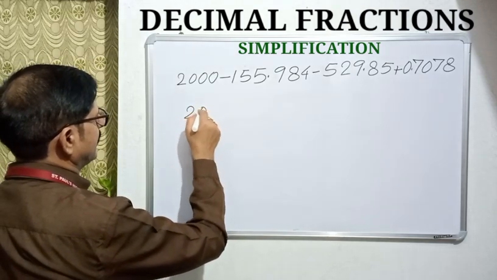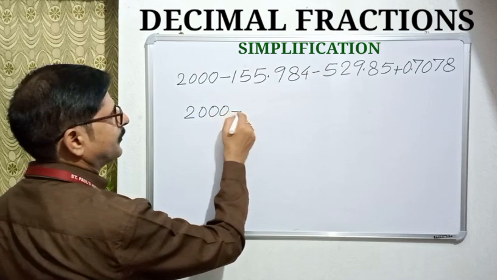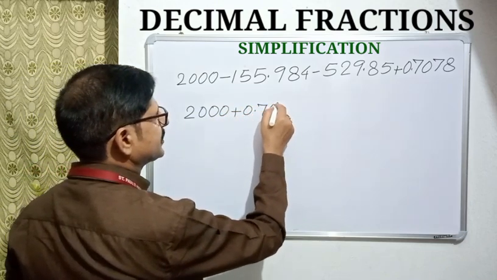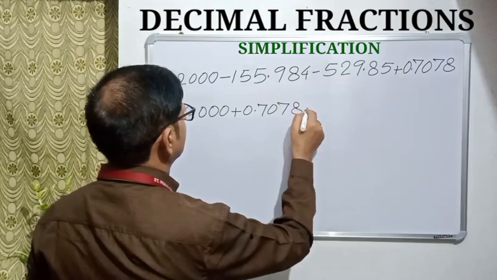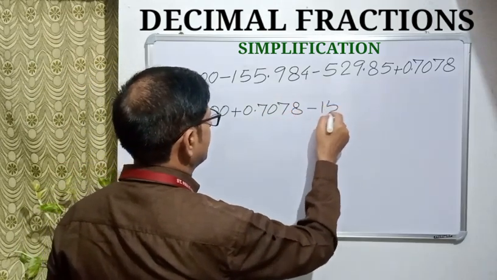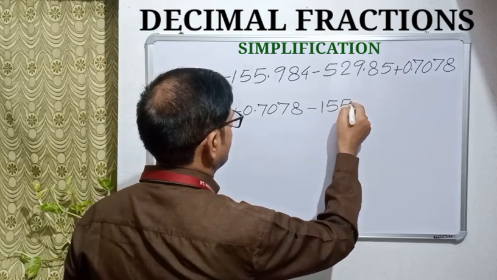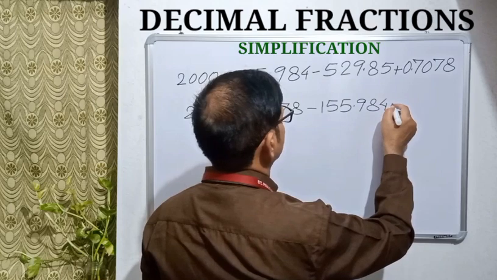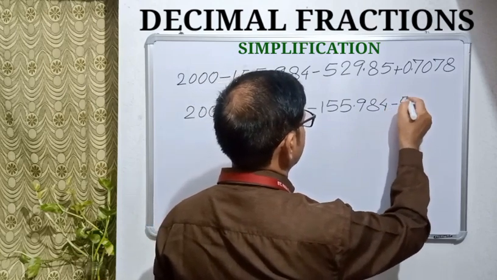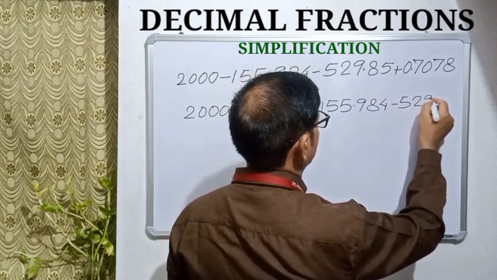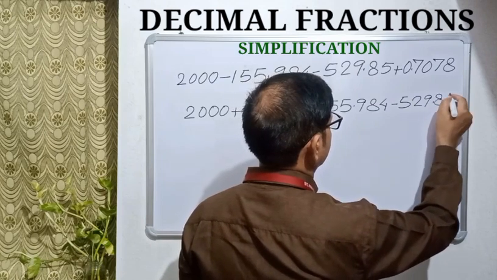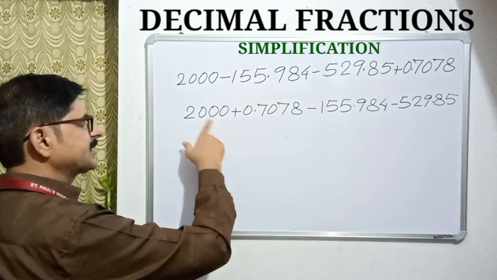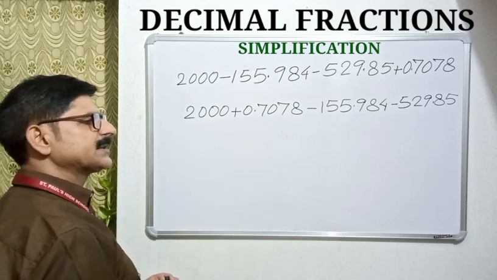2000 plus 0.7078 minus 155.984 minus 529.85. 4 decimal places are there in this number, and this number has no decimal place in it.